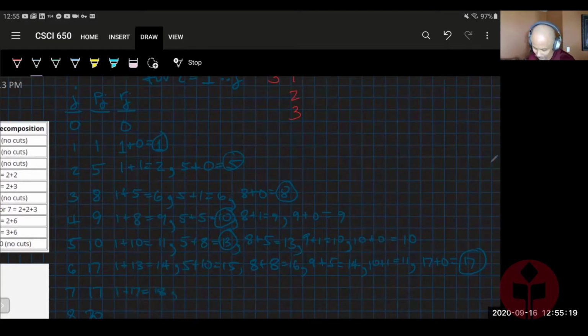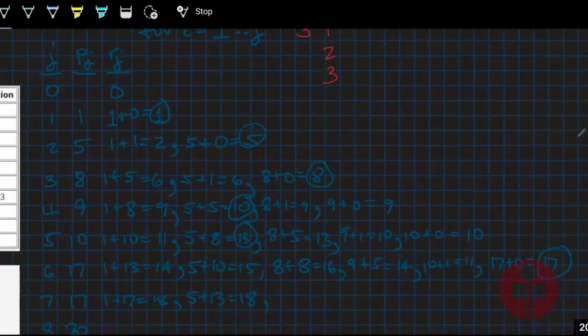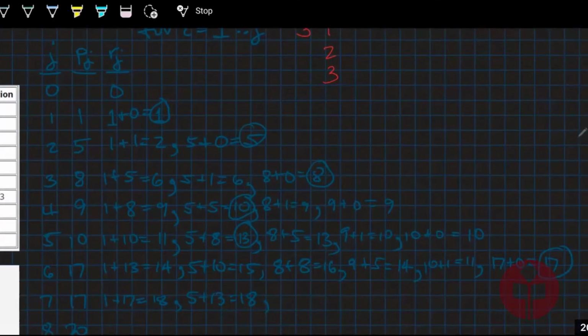That's the first calculation. Second sum, 5 and 13. So 5 plus 13. Okay. Third one, so the third calculation. So that's why I know it's the third one down the row. We are calculating 8 plus 10.